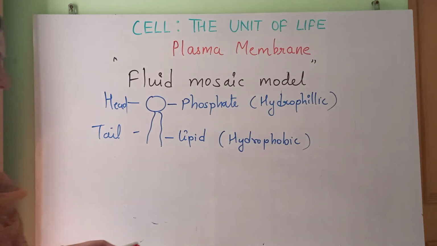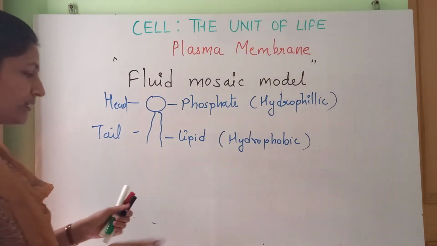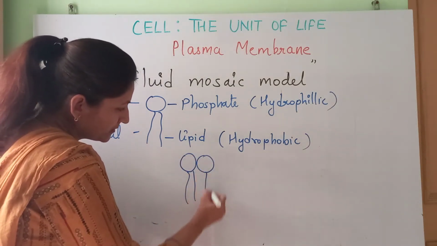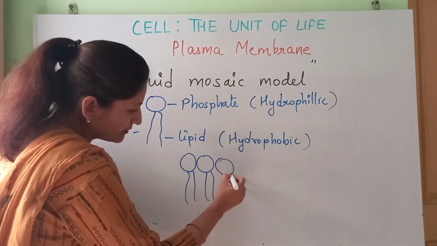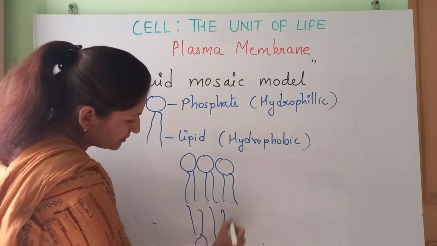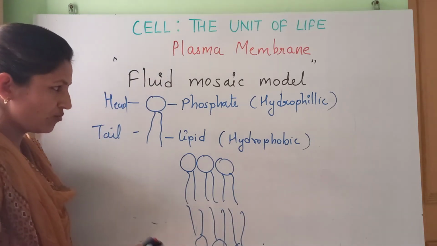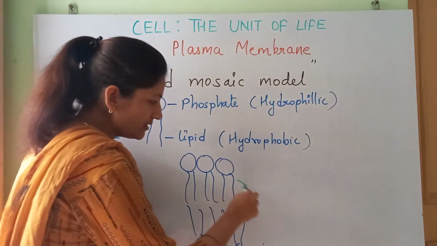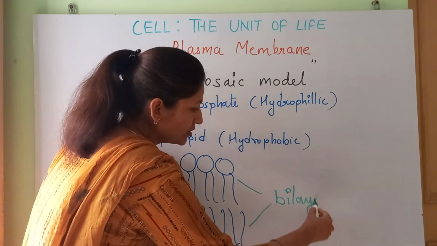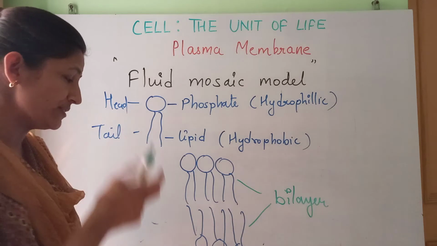So what I was telling, the movement we were discussing now, what is about that movement? If this is a layer of lipid, right? Two layers. One is this layer, another is this layer. So this is bilayer. So how it will show the transition movement and how it will show flip-flop, we'll see that.